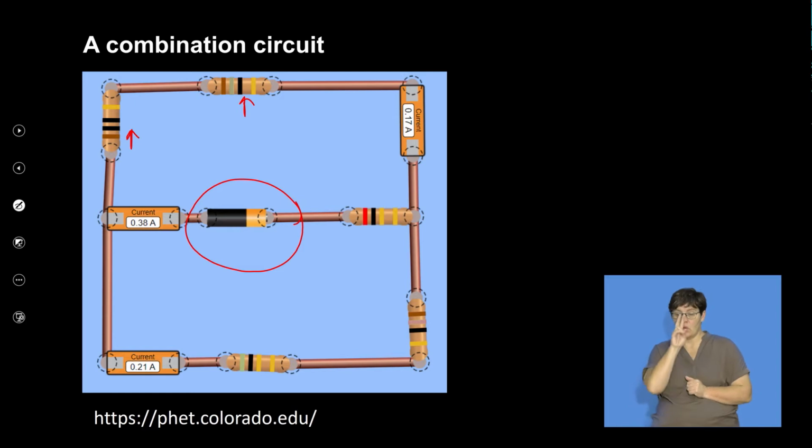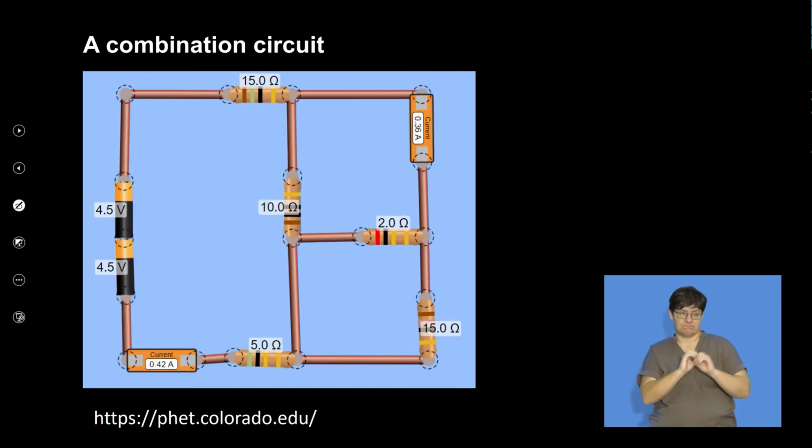Now, look at the position of the battery. Again, it means that the total current in this case is the current that goes through this resistor, which is the same as that one. So what's special about this type of circuit is that the position of the battery can be anywhere. So you need to familiarize yourself with these as well.